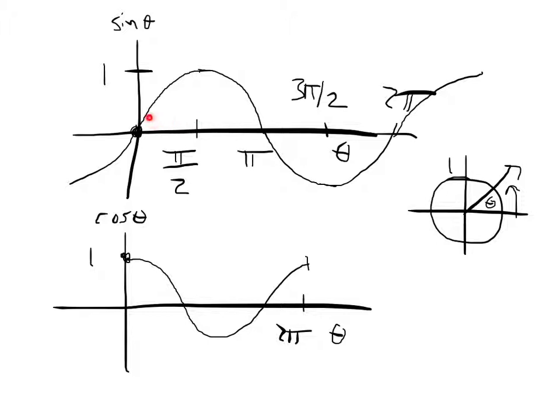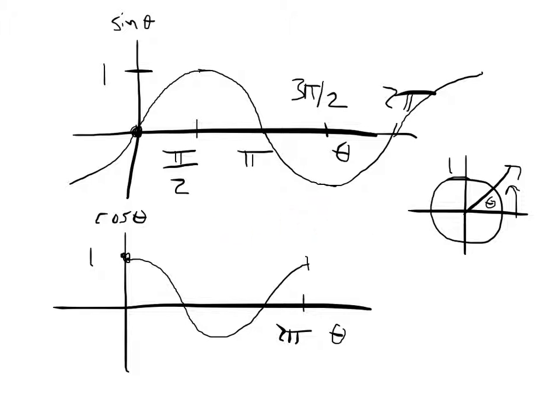And it looks like I've done that by moving right pi over 2 units, so I see that same shape. Indeed, the sine and the cosine are identical sinusoidal waves. It's just that one is a horizontal translation of the other.